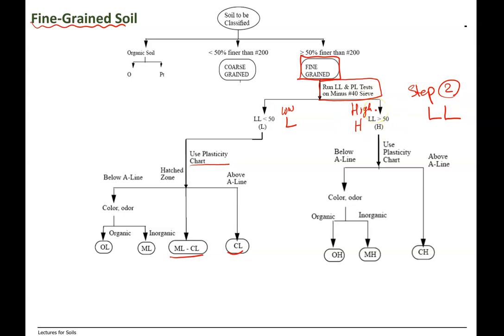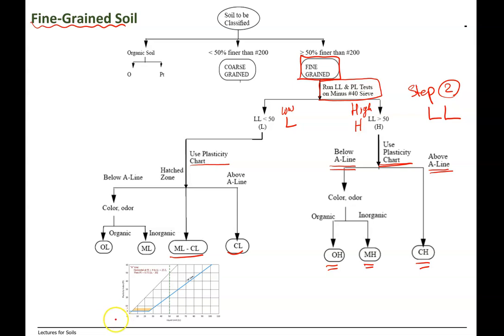Same thing for high plasticity. Again, you have to use the plasticity chart, use your findings from liquid limit and plastic limit, and plot your data and see if it's above the A line or below the A line, and then come up with your final symbol.